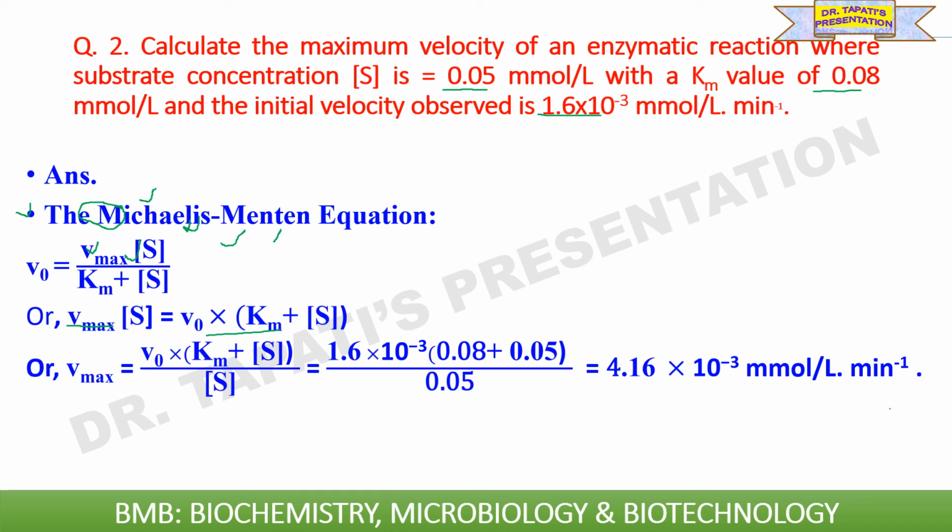So that is equal to 1.6 into 10 to the power minus 3, the value for V0, into 0.08, the value for Km, plus 0.05, the substrate concentration value, divided by 0.05, the concentration of substrate. We can solve this as 4.16 into 10 to the power minus 3 millimole per liter per minute. It is the value for Vmax, or the maximum velocity of this enzymatic reaction.